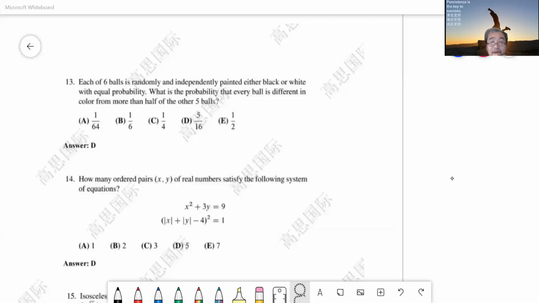So what does this mean? I just want you to pay attention to this. What it means: every ball is different in color from more than half of the other 5 balls.